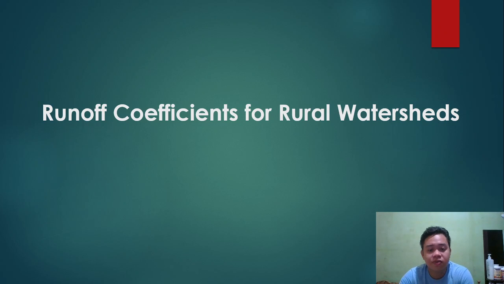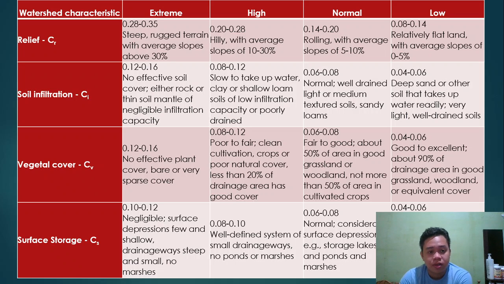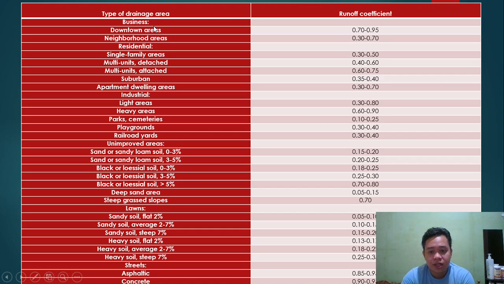So next is the runoff coefficient for rural watersheds. Same, we have this type, then its designation with extreme, high, normal, and low. In choosing the right range, as what I have searched, they always use the middle value, from 0.28 to 0.35, as well as in this coefficient table.